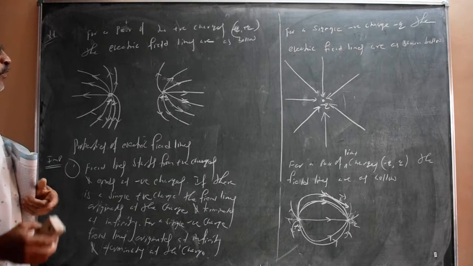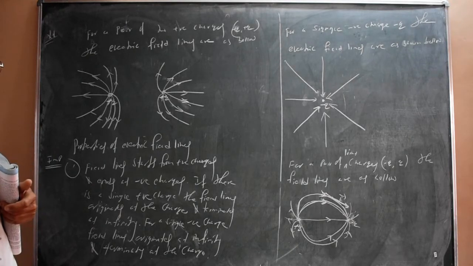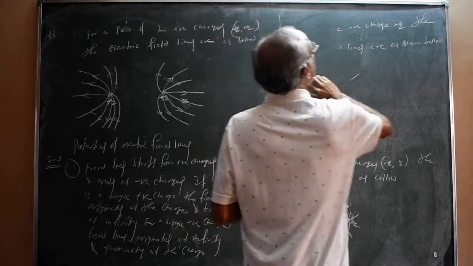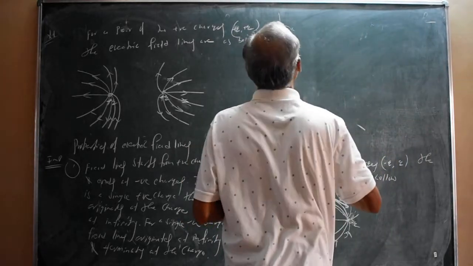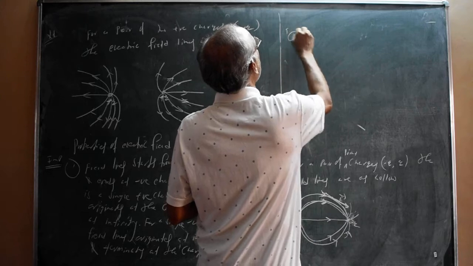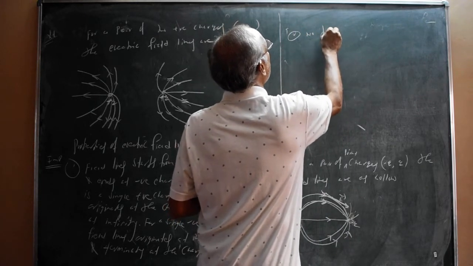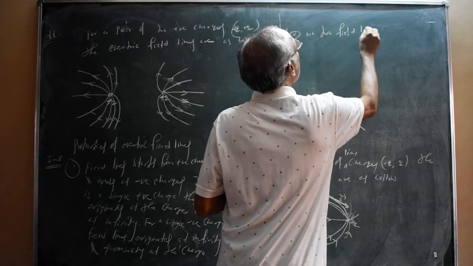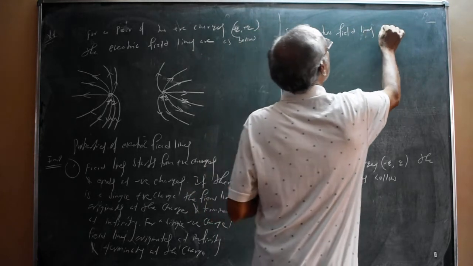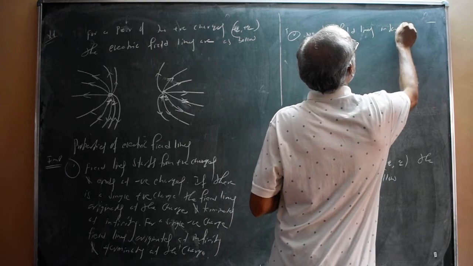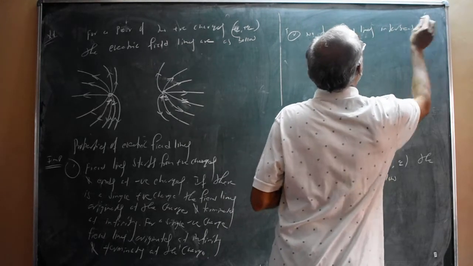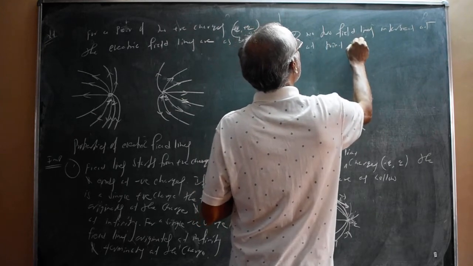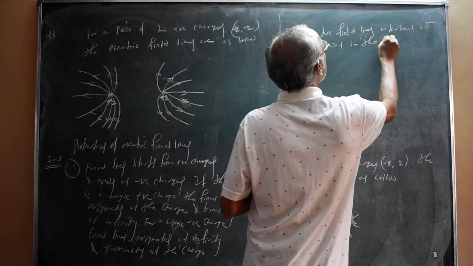Okay. Second property: no two field lines intersect at a point in space.